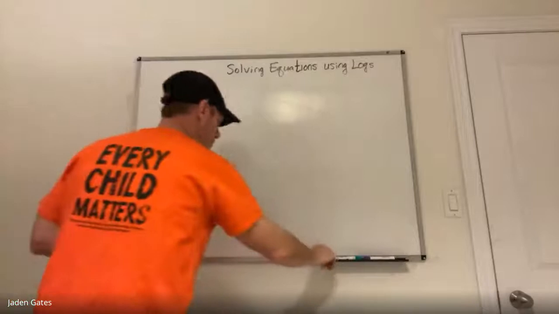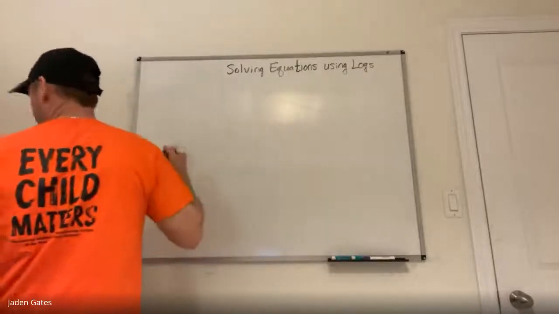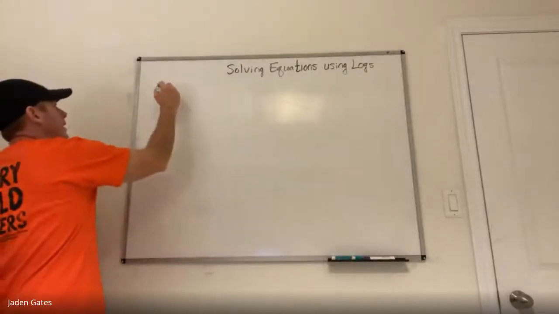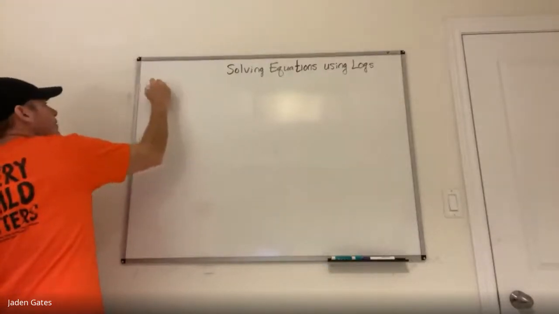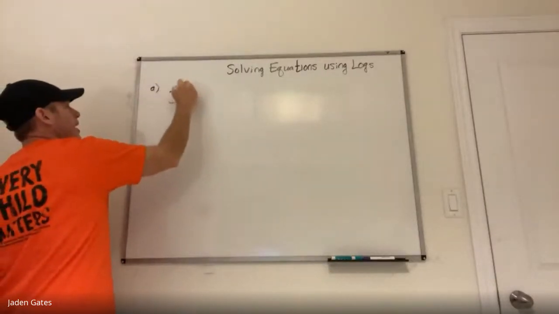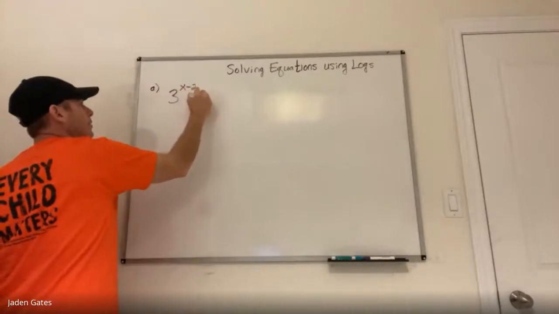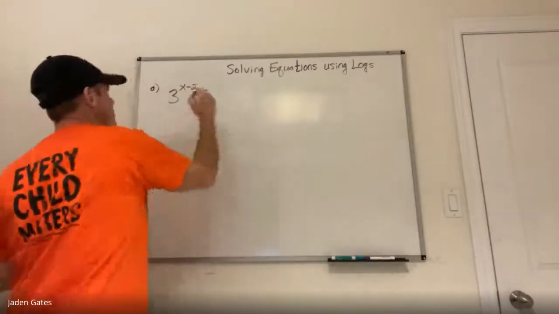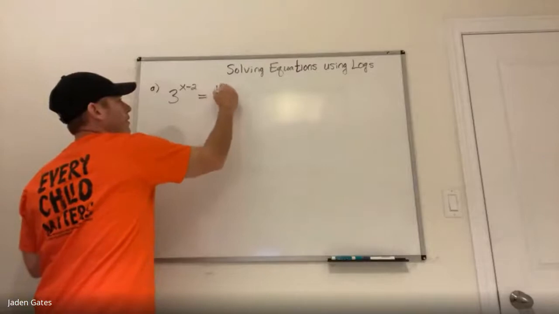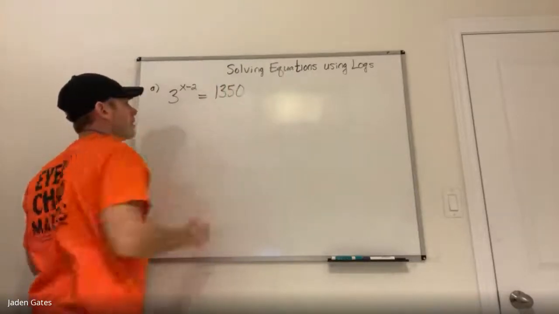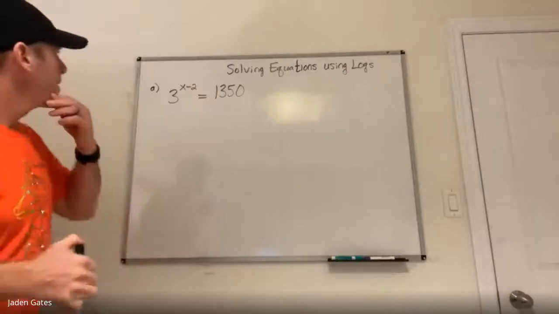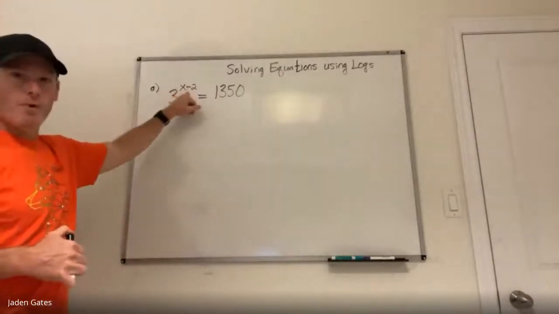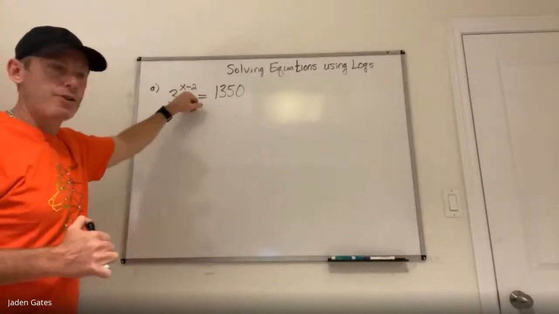The next one, I think this is my fourth example, is 3 to the power of x minus 2 is equal to 1350. This is similar to what we just had, but there's a little more going on with the exponent. No big deal, it's going to take us an extra step or two.